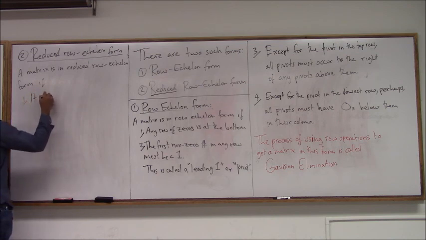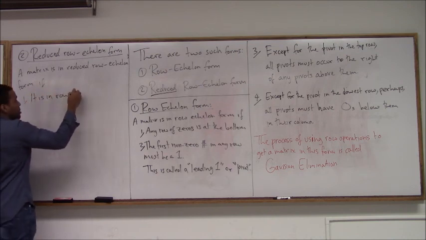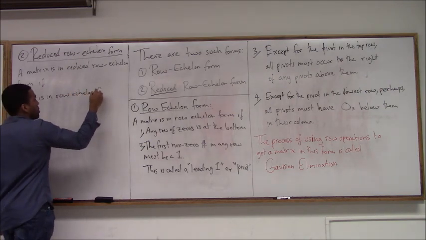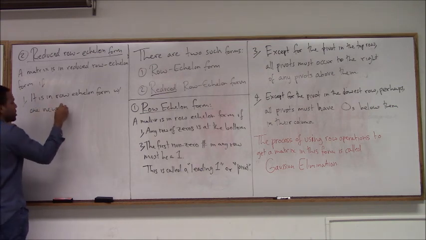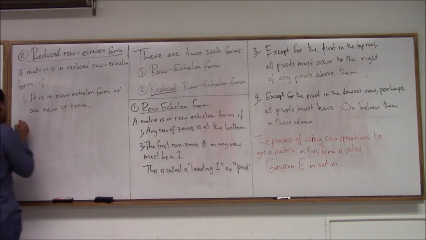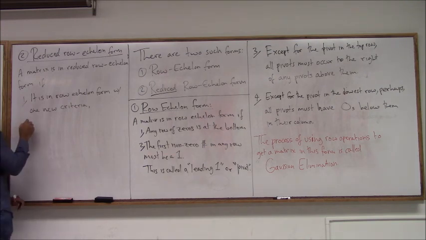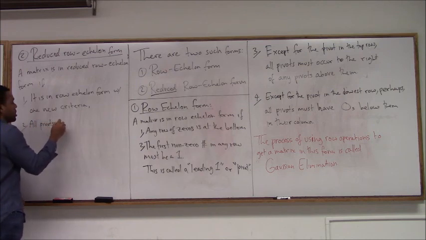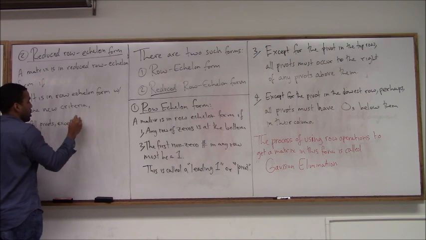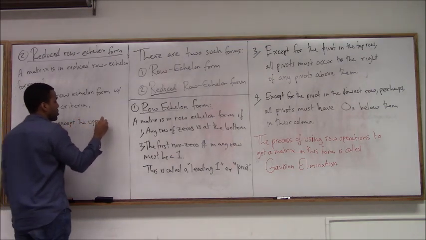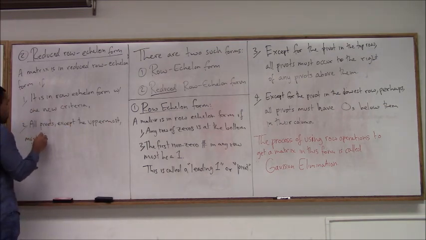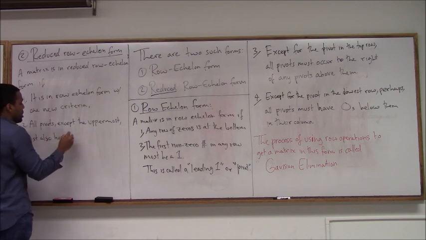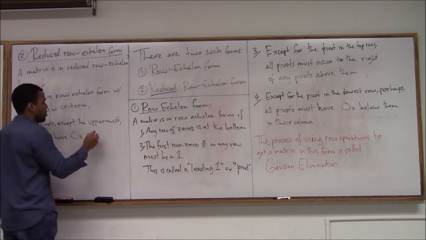It is in row echelon form with one new criterion, which is the following. All pivots except the uppermost must also have zeros above them.